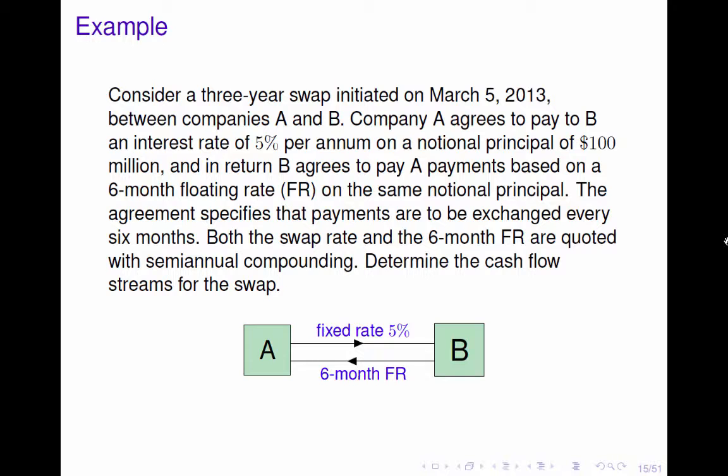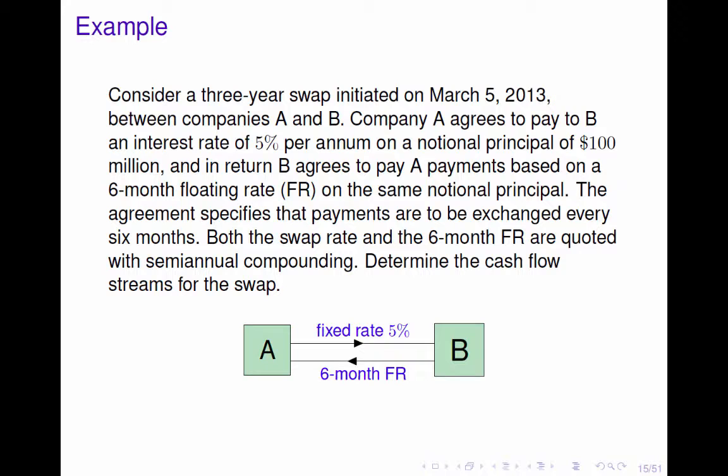Here's an example. Consider a 3-year interest rate swap initiated on March 5, 2013, between companies A and B. Suppose that company A agrees to pay to B an interest rate of 5% per annum on the notional principal of $100 million.